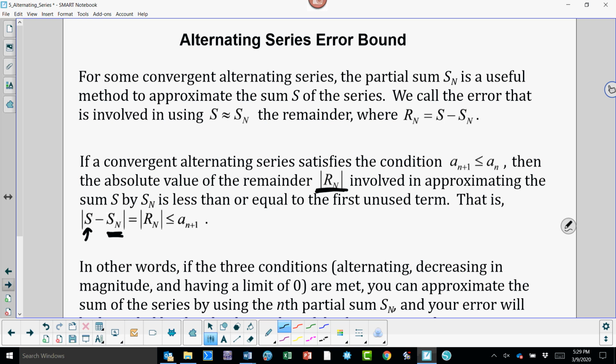Then I get the remainder. Well, I know for a fact that the remainder is less than the n plus 1 term, okay? So if I add up a bunch of terms, I am less than or equal to whatever the first unused term is. That's how far off I am at most, okay?